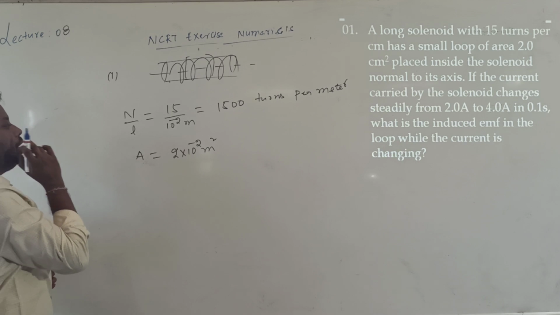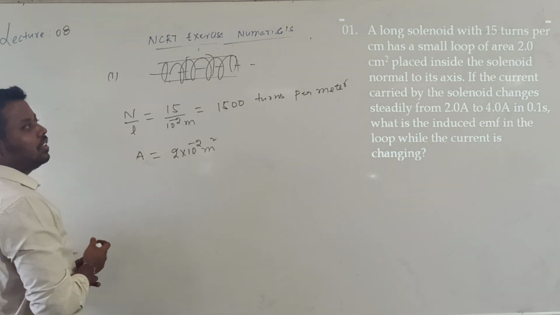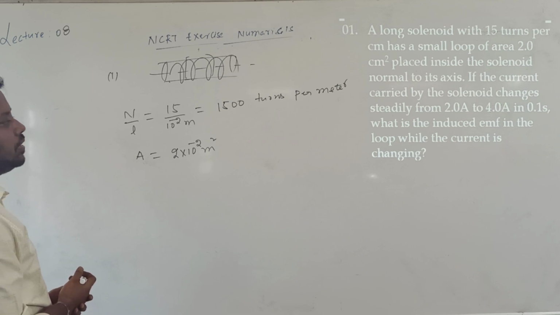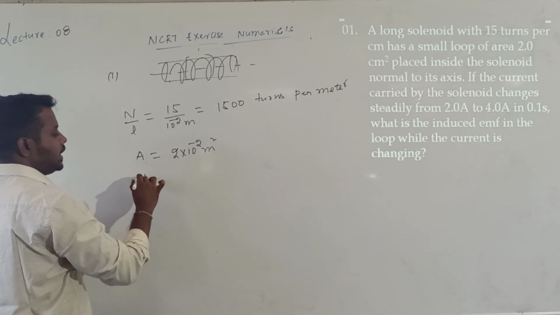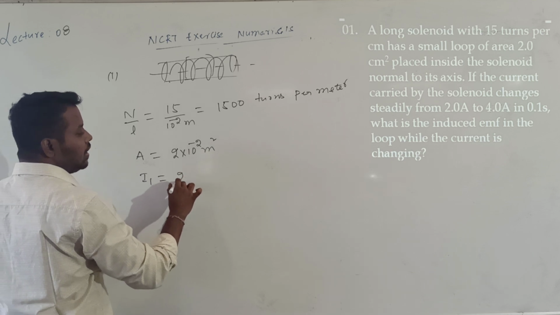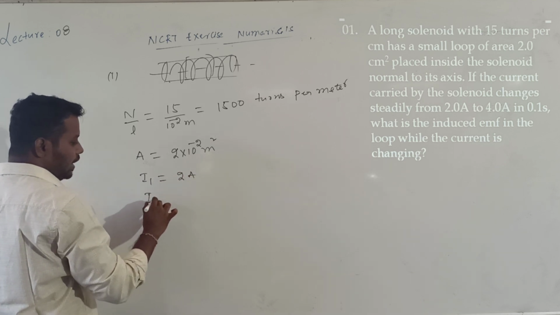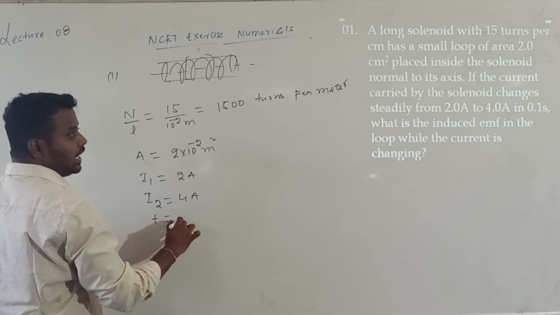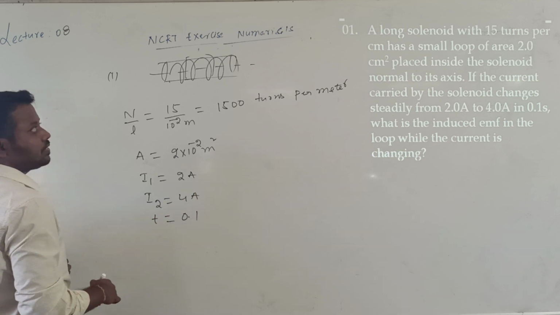The current carried by the solenoid is changing, and we need to calculate the induced EMF. The initial current is 2 amperes, the final current is 4 amperes, and the current changes in a time of 0.1 second.